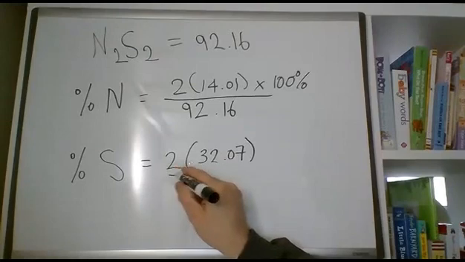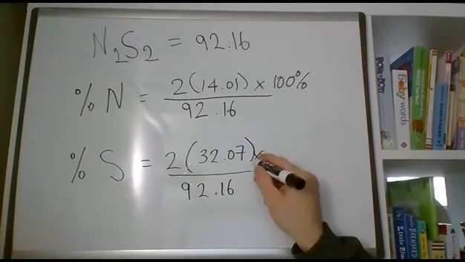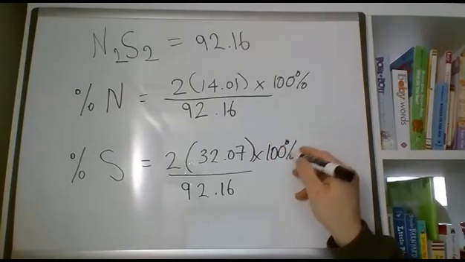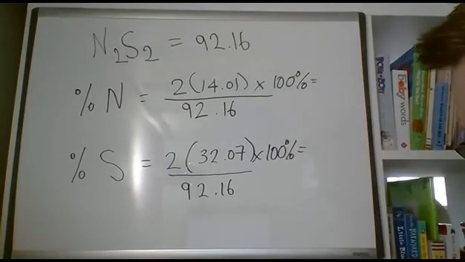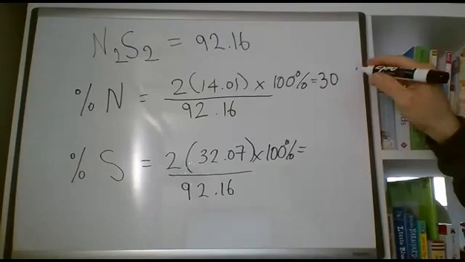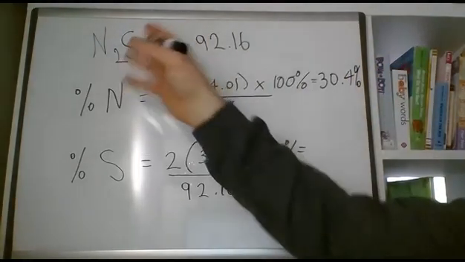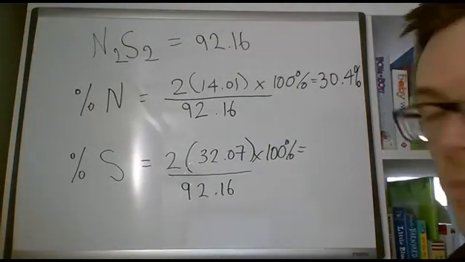So 2 sulfur in a compound of mass 92.16 as a percentage. Okay, so looking at nitrogen first, 28.02 divided by 92.16. So this is going to be 30.4%. So just under a third of this compound is nitrogen by weight.